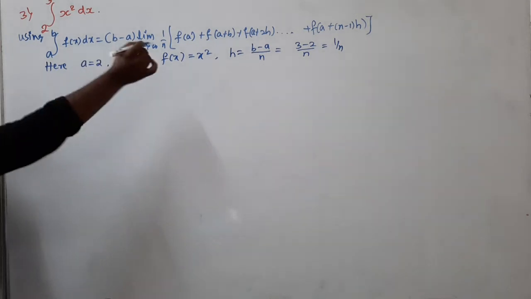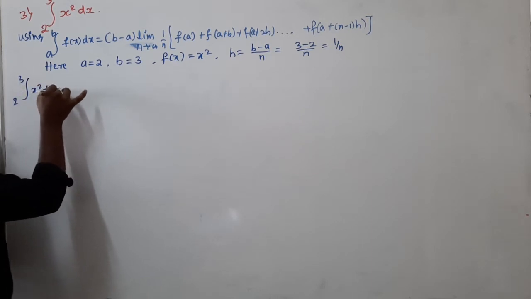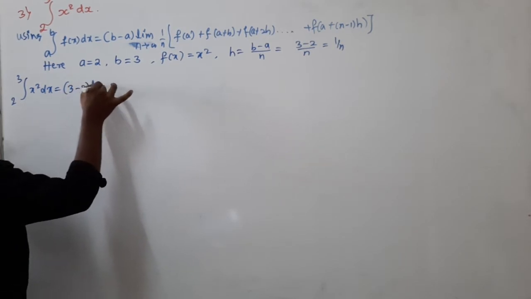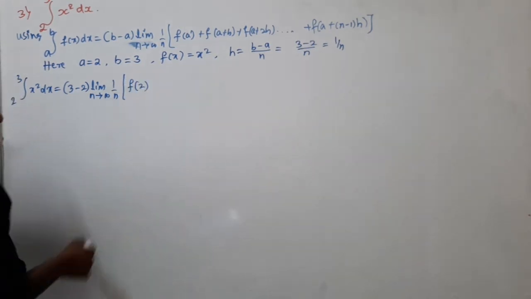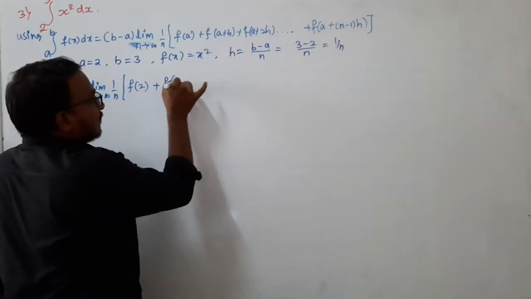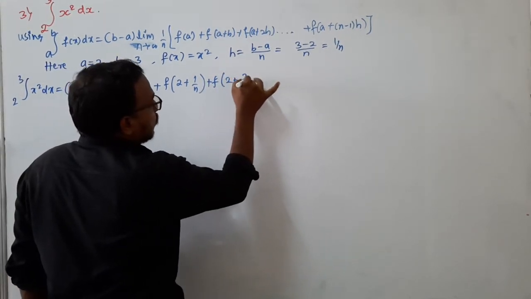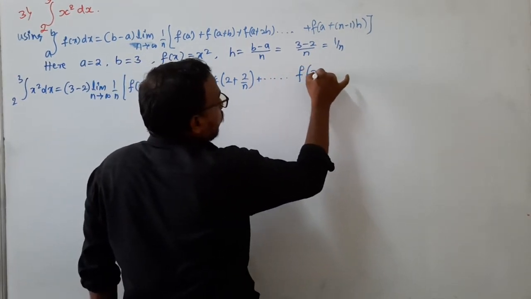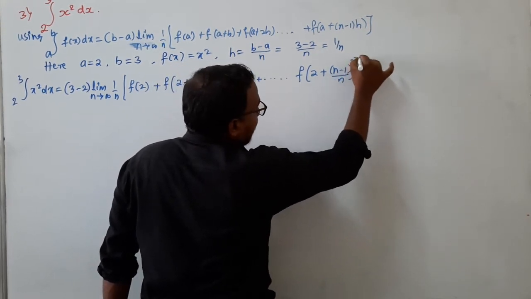Now the equation will become the integral from 2 to 3 of x square dx, which is equal to (b minus a), that is 3 minus 2, limit n tends to infinity 1 by n into [f of 2 plus f of 2 plus 1 by n plus f of 2 plus 2 by n, and so on up to f of 2 plus (n minus 1) divided by n].